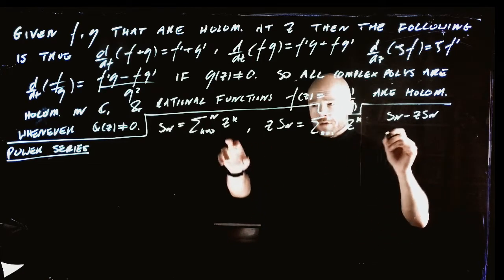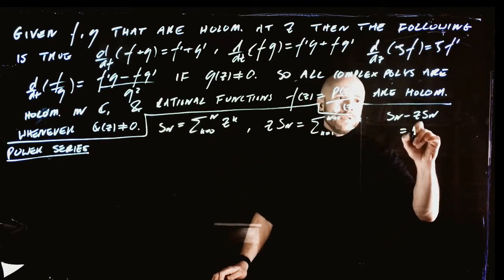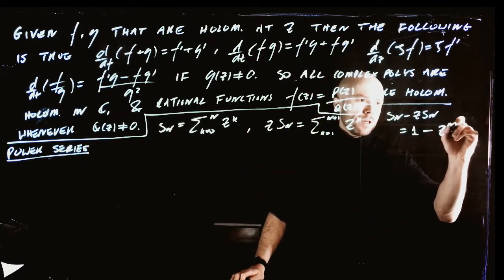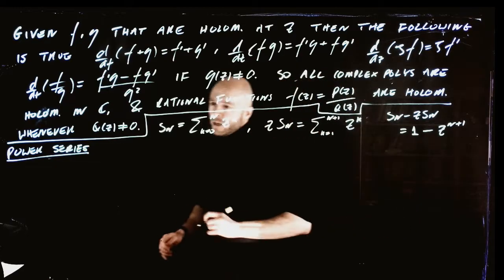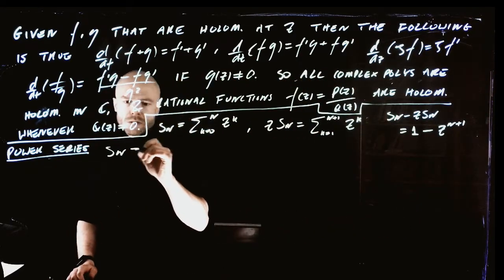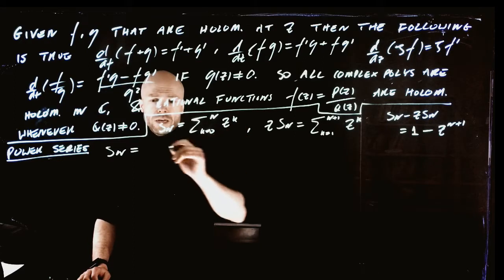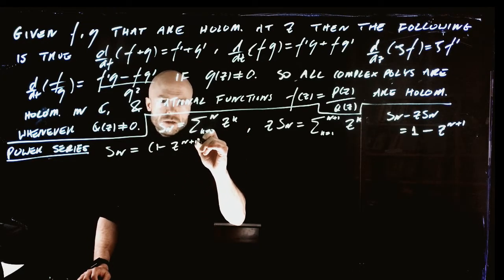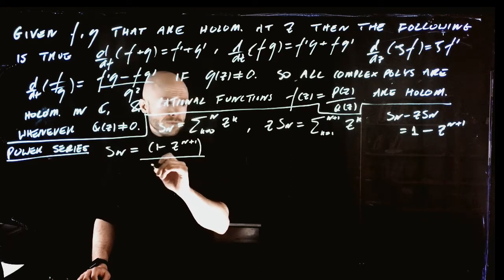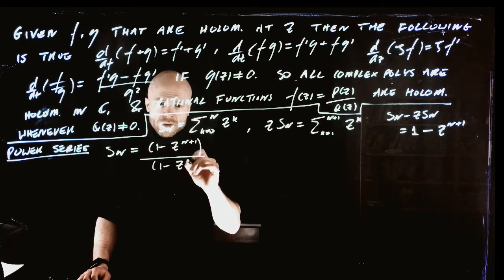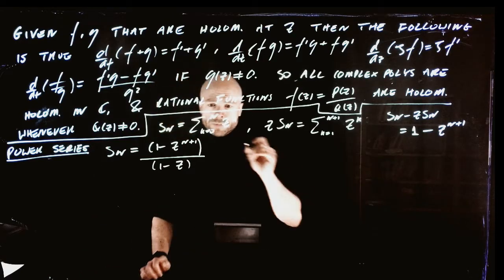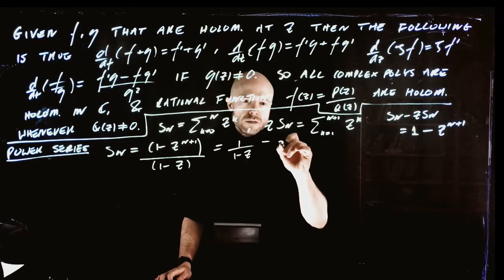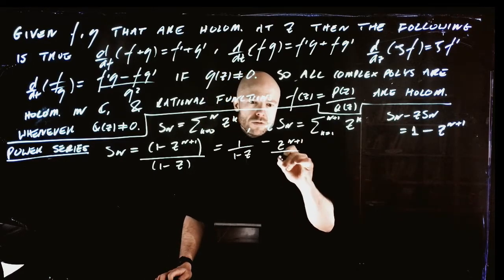The only survivors will be when k equals 0, which will be this thing, and then we'll have minus z to the n plus 1, right? Which means that Sn, when we factor out the Sn, will be 1 minus z to the n plus 1 over 1 minus z, right?